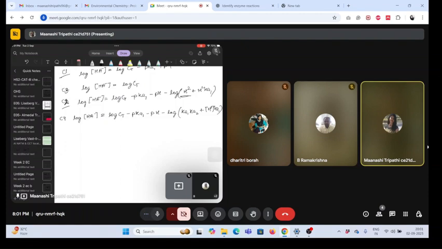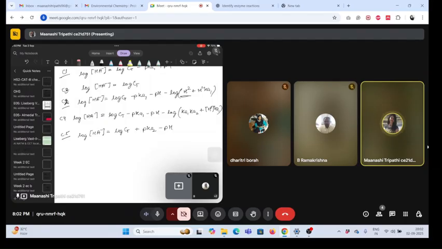Again a curve. Coming to case 5, we will get log HA negative is equal to log CT plus pKa2 minus pH. This will be a straight line. So these are the plotting equations for HA.